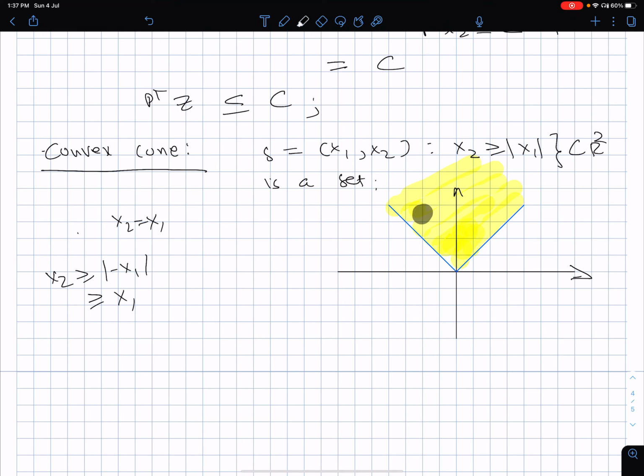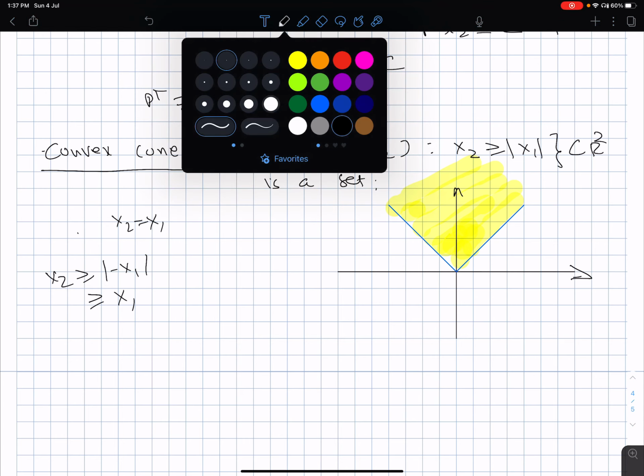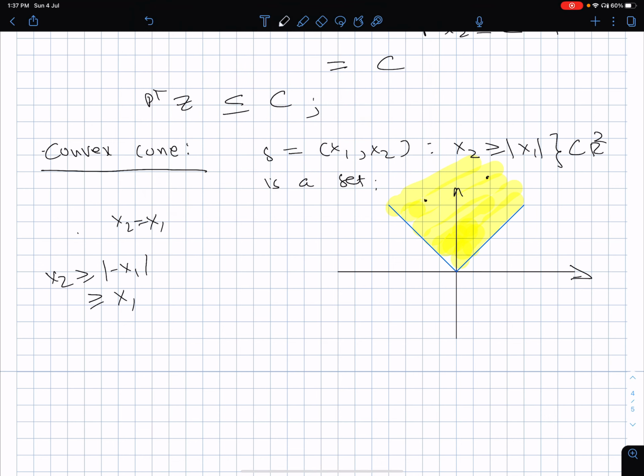Now, is this not a convex set? Because if I take any two points inside here and draw the line segment, it is inside of it. Or even if I take them on the boundary, one on this side, one on that side, even then the complete line segment is inside this set S. Or if I take them on the same line here, then I have already shown you that a straight line is a convex set.